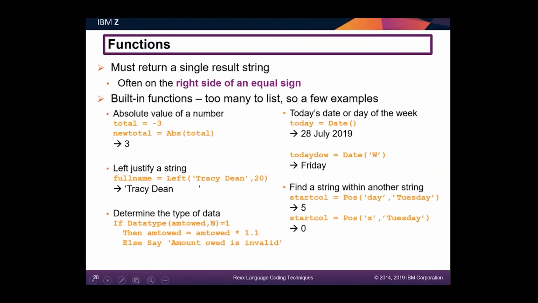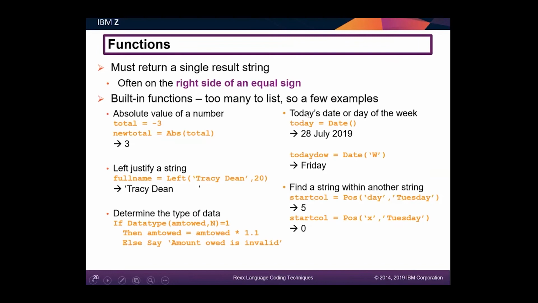If the answer is yes, then the value of this function is 1. So I compare that to 1. It's true. So then I say amount owed equals amount owed times 1.1. If it is not true, that means amount owed is not a number. And I'm going to go to the else statement and say amount owed is invalid. So here's an example of taking the value of a function and comparing it to something and not assigning it to an actual variable.